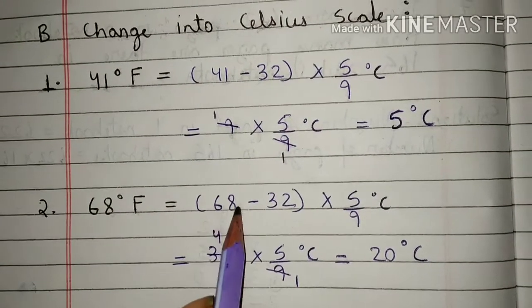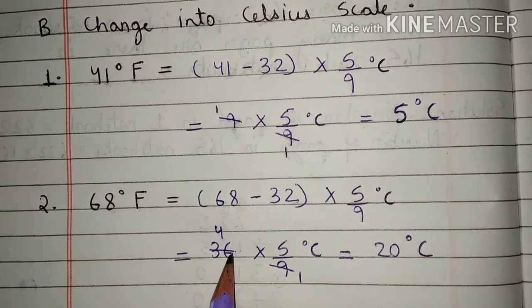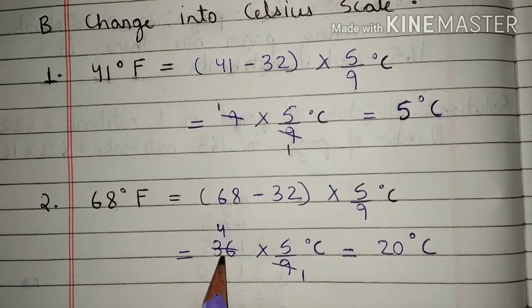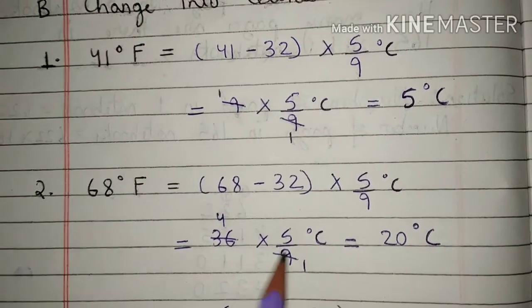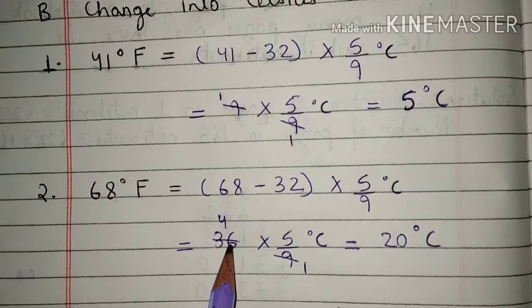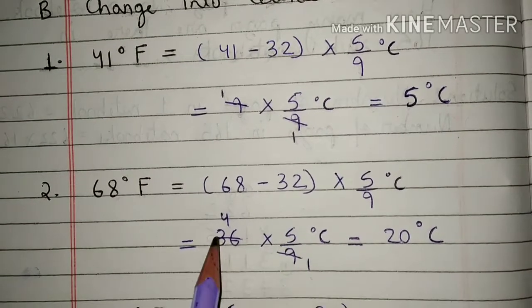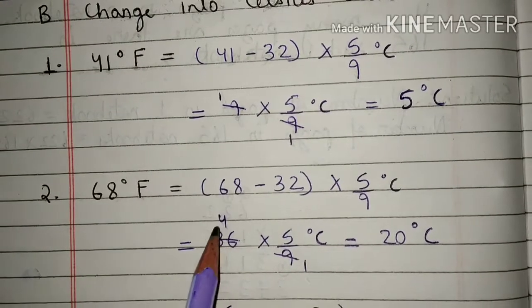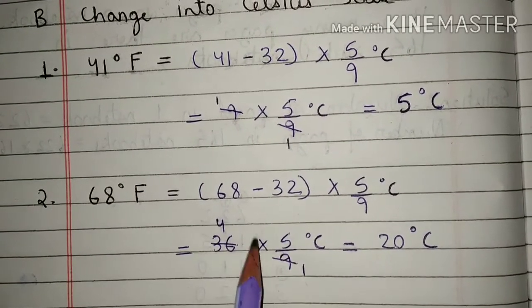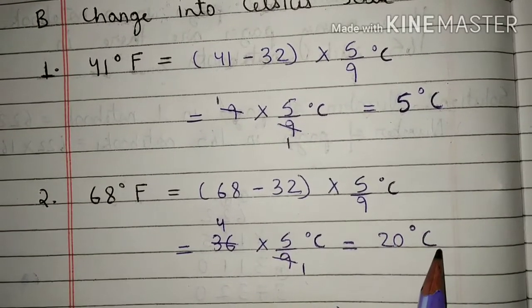Students, 68 minus 32 will give 36 and then multiply by 5 by 9. 36 is divided by 9, so we get 4. Now students, 4 into 5 is 20. 20 degrees Celsius. This is your answer.